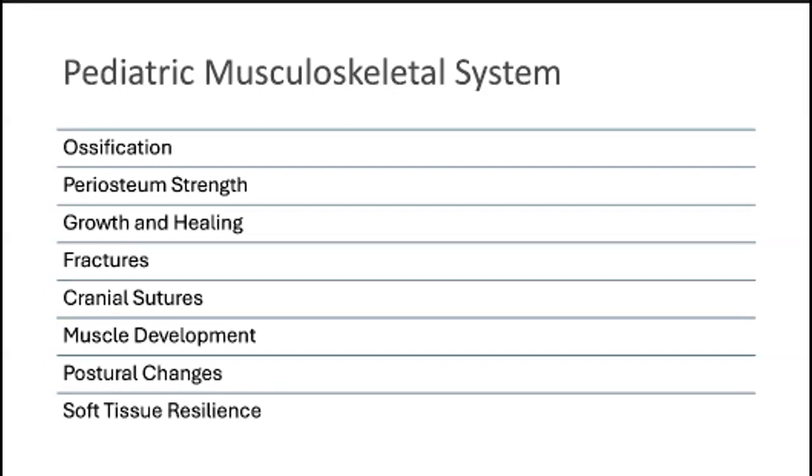Development of the cervical curve occurs within the first months. The lumbar curve develops fully by 8 to 10 years, indicating musculoskeletal and neurological development. Soft tissue resilience. Children's soft tissues are resilient, making dislocations and sprains less common than in adults.